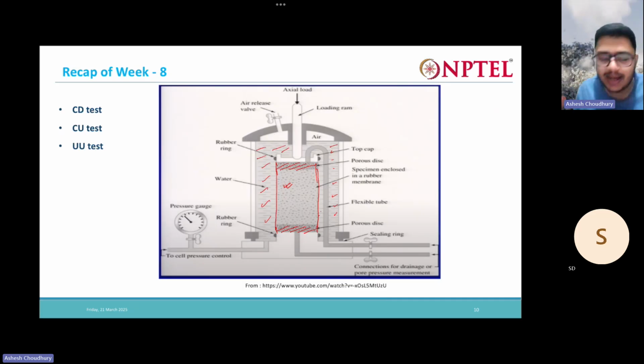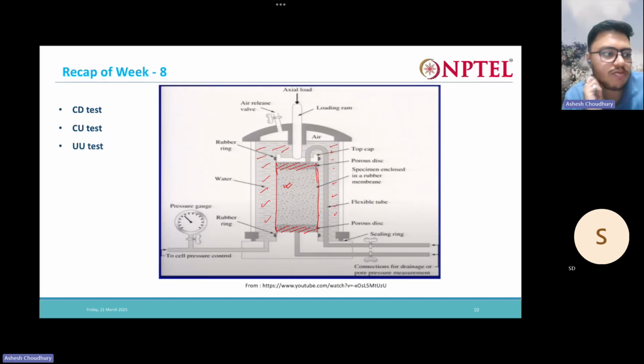We can have three types of triaxial test: CD test, CU test, and UU test. First, let us see the UU test. UU means unconsolidated undrained test. First we apply the confining pressure, and at that time we keep the drainage valve closed.